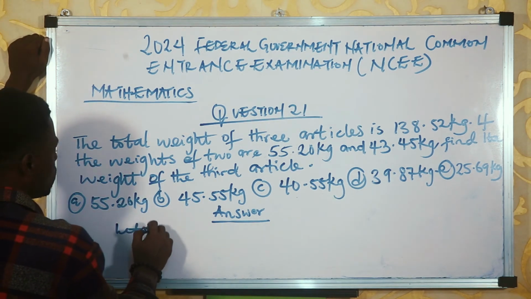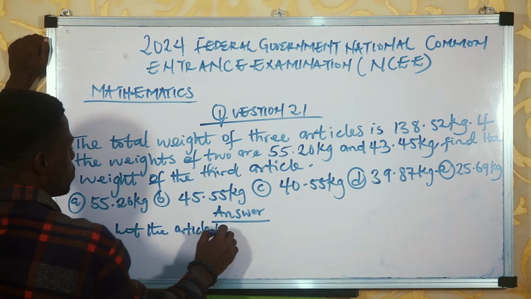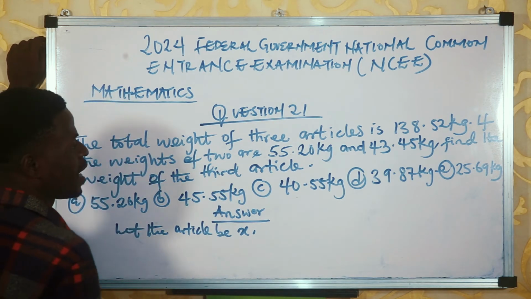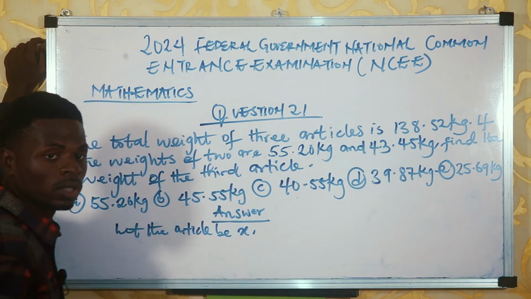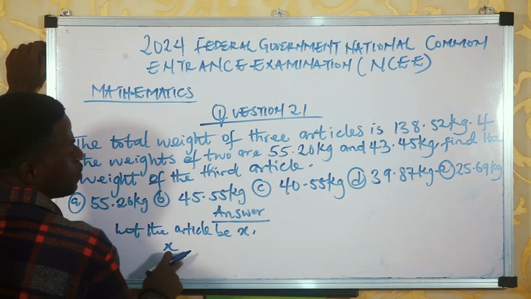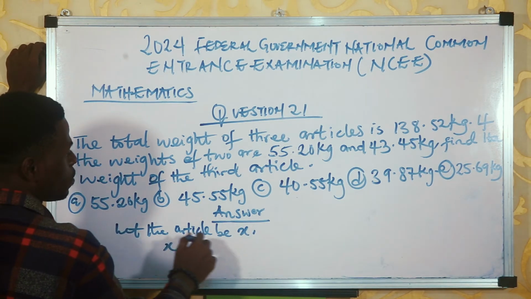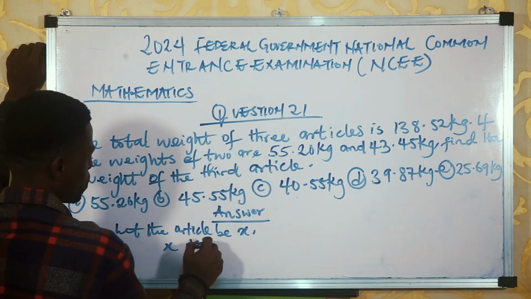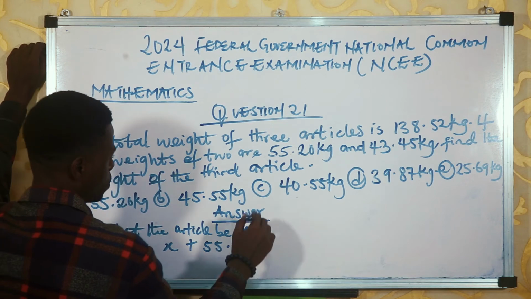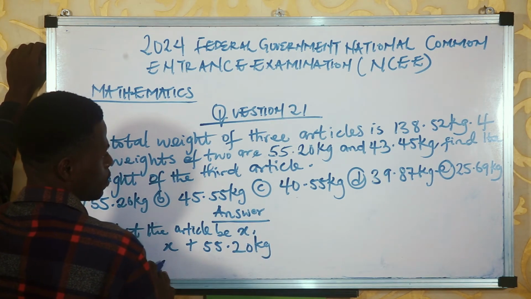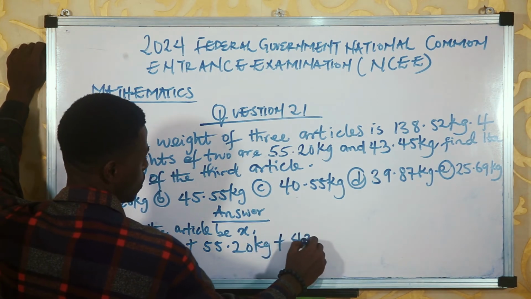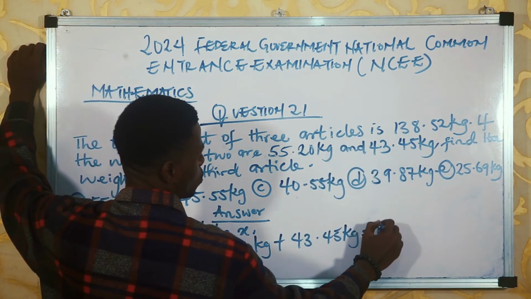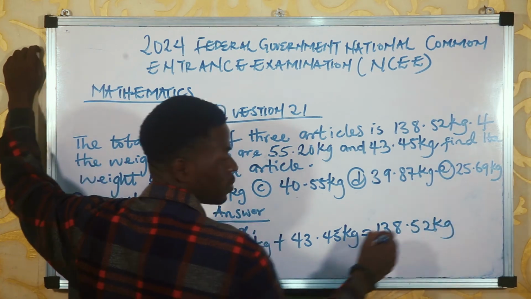So let the third article be X. So X plus 52.20 kilogram plus 43.45 kilogram equals 138.52 kilogram. Take note of that.